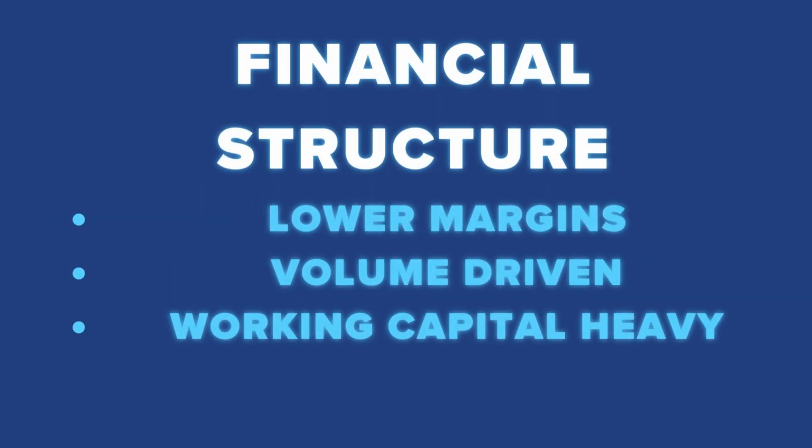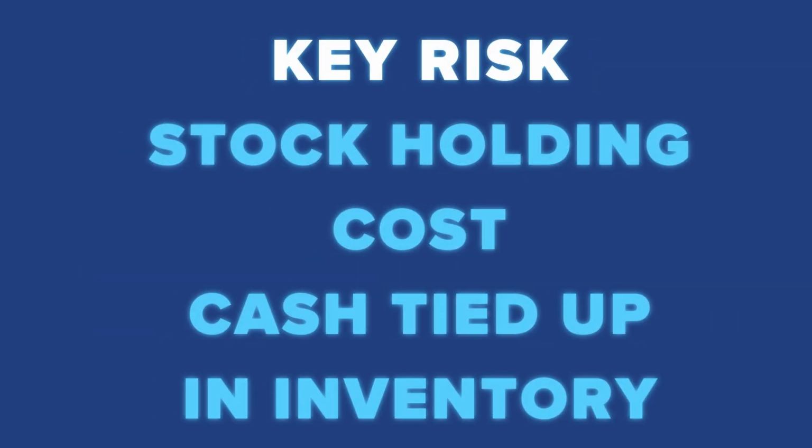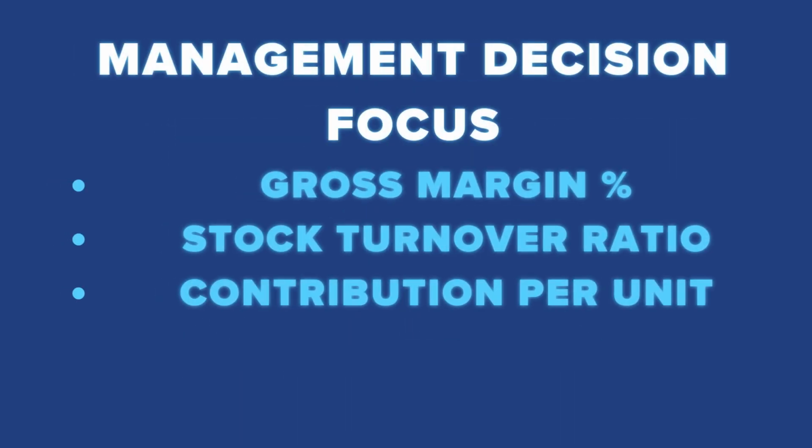The financial structure includes lower margins, volume driven, and working capital heavy. The key risks are stock holding costs and cash tied up in inventory. The management decision focus is gross margin percentage, stock turnover ratio, and contribution per unit. Remember, if your stock doesn't move, your cash doesn't move.